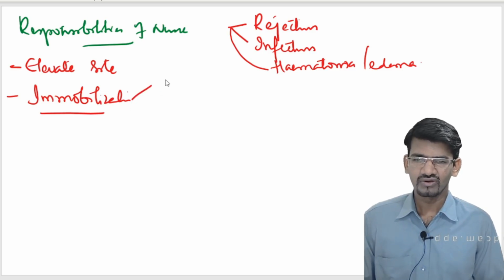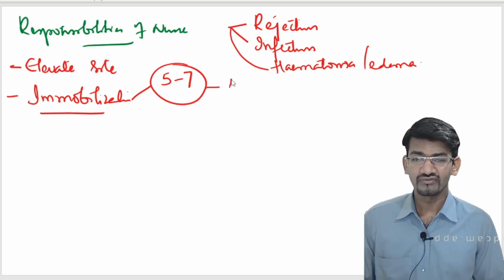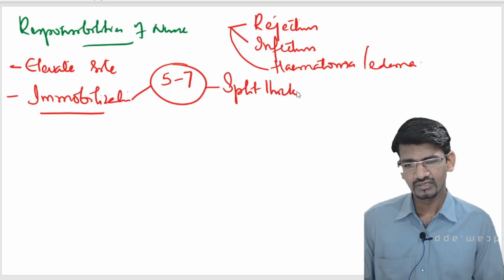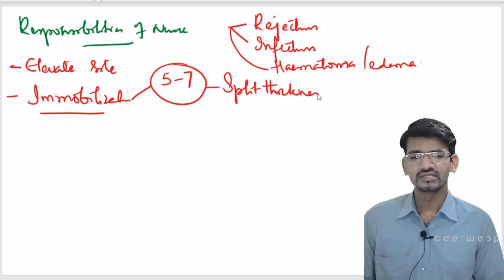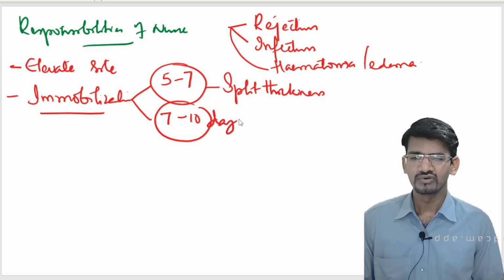A minimum of 5 to 7 days, the site should be immobilized in the case of split thickness, but in the case of full thickness, a minimum of 7 to 10 days of immobilization should be done.